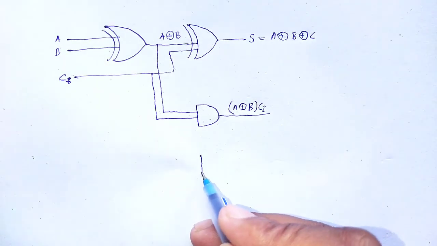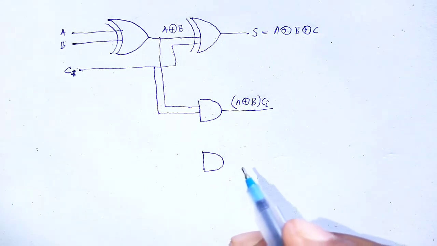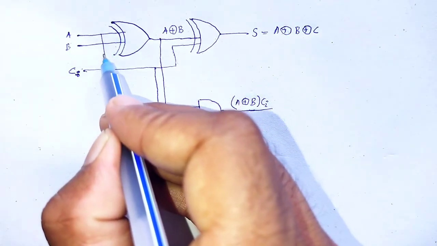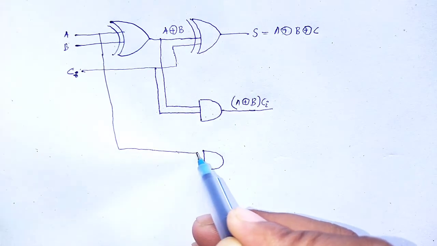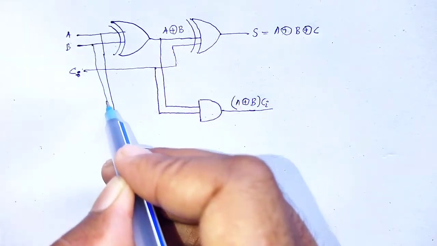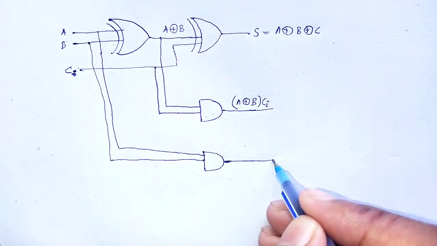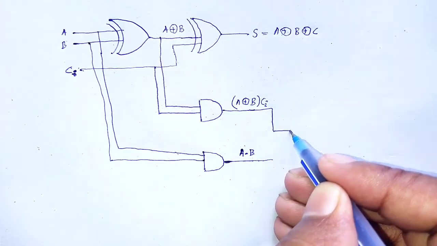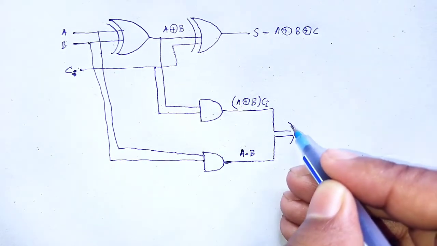Again another AND gate is used. It has two inputs A and B. So at output it is A and B. These two are the inputs towards an OR gate.